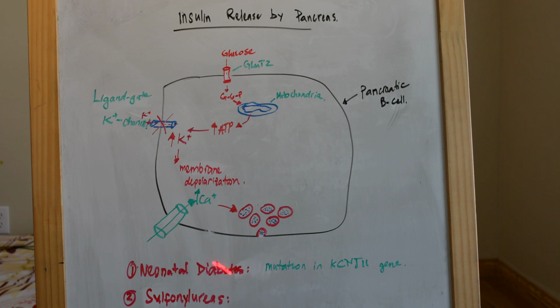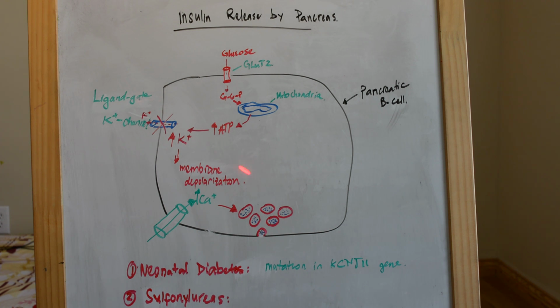The second one is the mechanism of sulfonylureas. It is a drug that is used to treat diabetes, more like type 2 diabetes, where a patient still has some residual beta cells left.